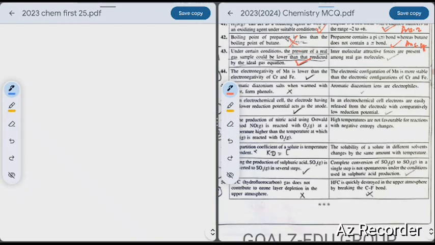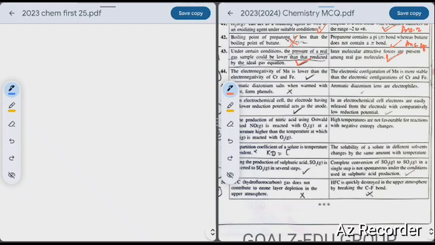Now, second answer: intermolecular attractive forces are present among real gas molecules. Yes, that is correct. In real gas molecules, intermolecular attractive forces are present, but we cannot see any intermolecular attractive forces within ideal gas molecules, right?